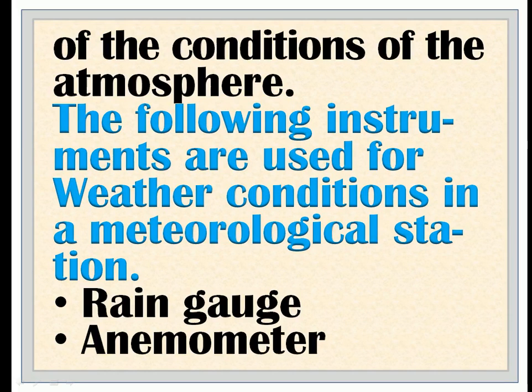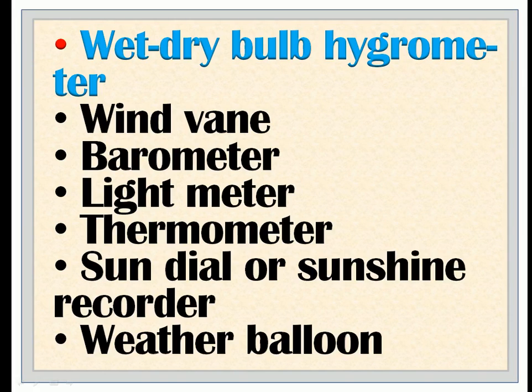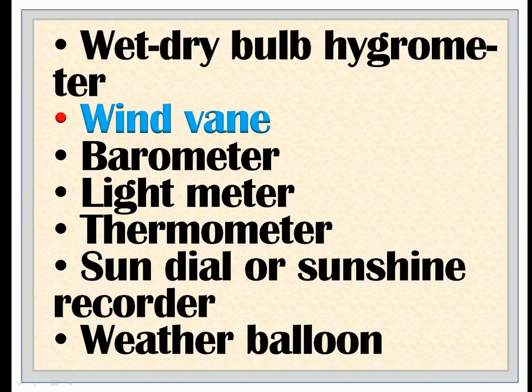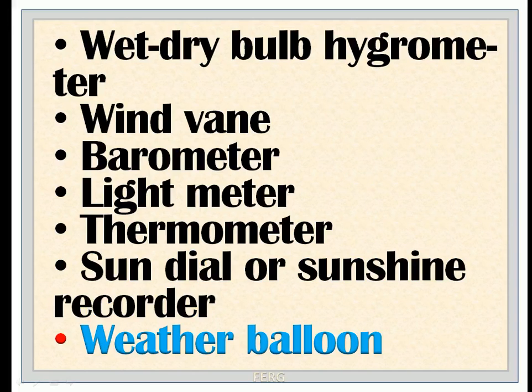The following instruments are used for weather conditions, in a meteorological station: rain gauge, anemometer, wet-dry bulb hygrometer, wind vane, barometer, light meter, thermometer, sundial or sunshine recorder, and weather balloon.